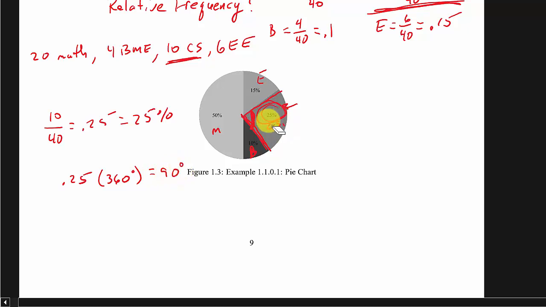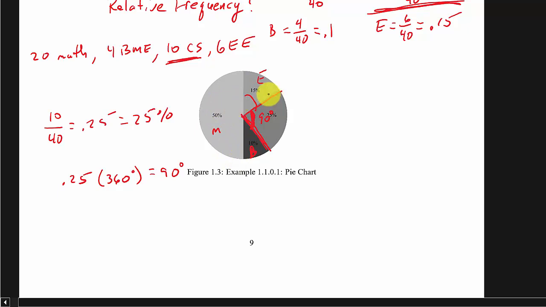So this angle here is 90 degrees. And then that's how you would get this one. You would do 0.15 times 360. This one you would do 0.1 times 360. And this one you would do 0.5 times 360. And this one's easy to see. That's 180 degrees there. 360 times 0.5.